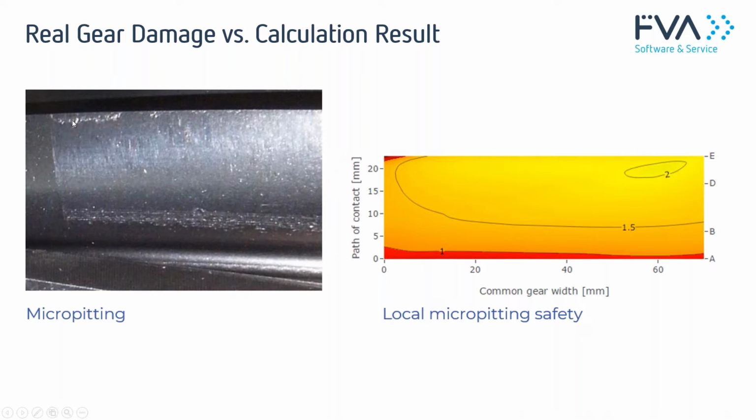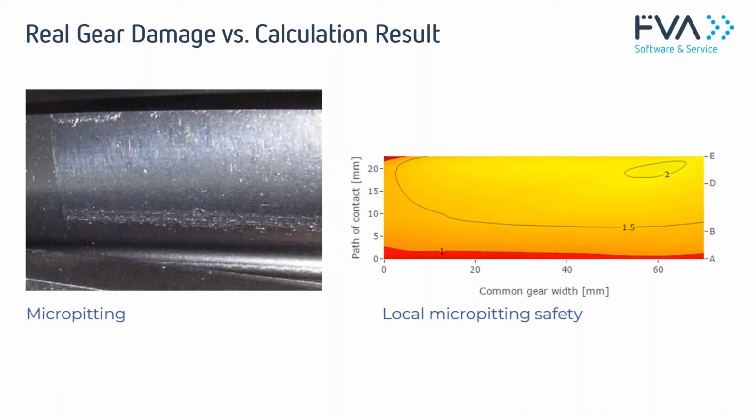This is due to the higher pressure values at these edges when you do not have an optimized tooth modification. And after I've calculated the gearbox with the FVA Workbench, I see exactly the same distribution of the local micro-pitting safety as I've seen in the real gearbox. So that's not only theoretical.